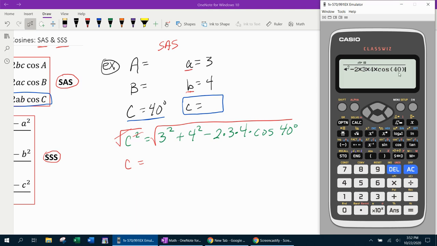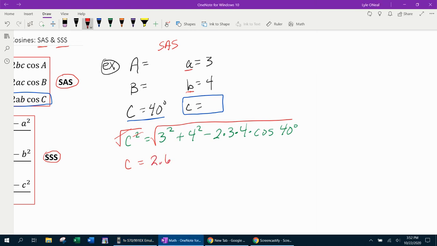Remember, since this angle is in degrees, you need to be in degree mode. When we hit equals, we get a decimal. Remember, the instructions will tell you where to round. For all my examples in the video, I'm going to round to the nearest tenth. So that will be 2.6 rounded, and that gets us the value for little c.